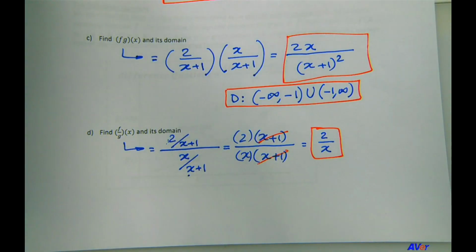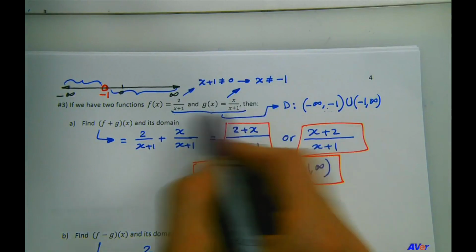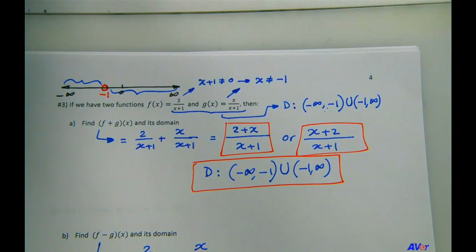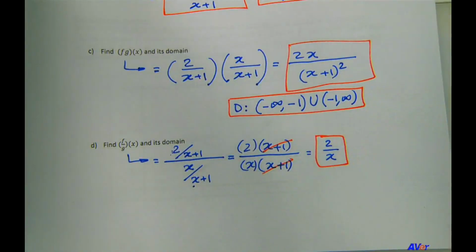This is very interesting because we know the parent functions could not have -1 as part of their x, right? We know that about the parent functions. But the combined function this time cannot have what x value as part of x? 0, right?